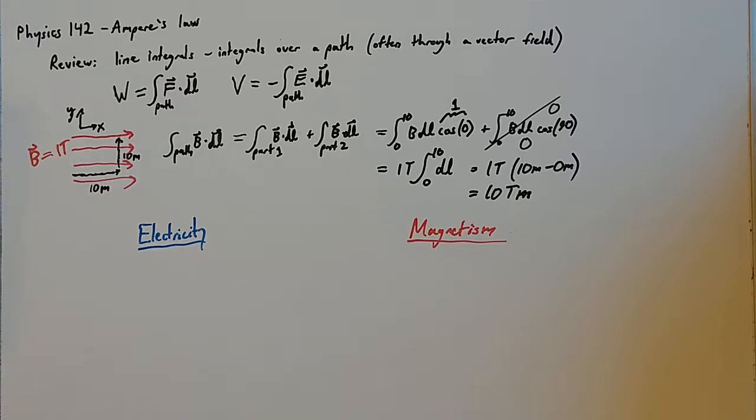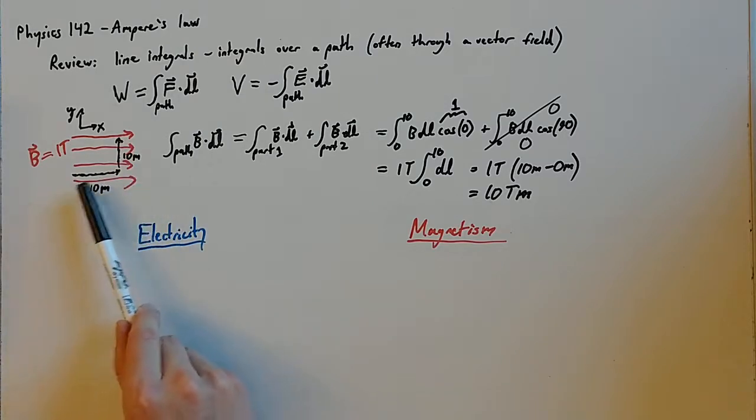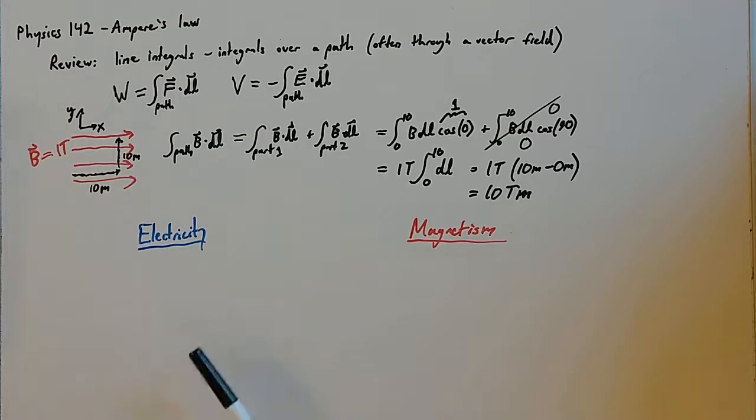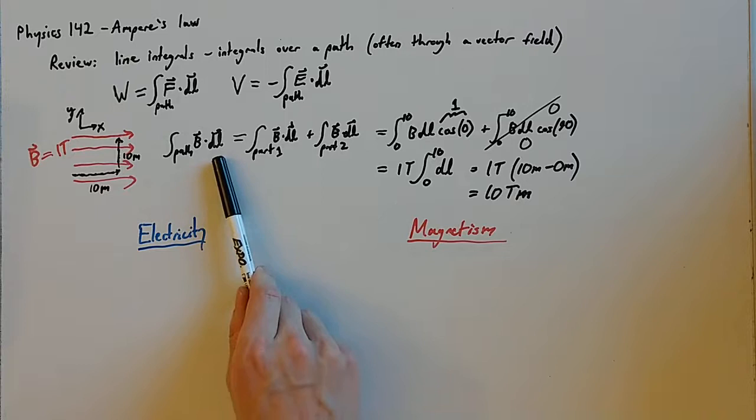So we think about having some sort of magnetic field and walking along some path, maybe 10 meters this way and 10 meters this way, walking that path through a magnetic field. And specifically, when we do this integral, we take the dot product between B and dl.